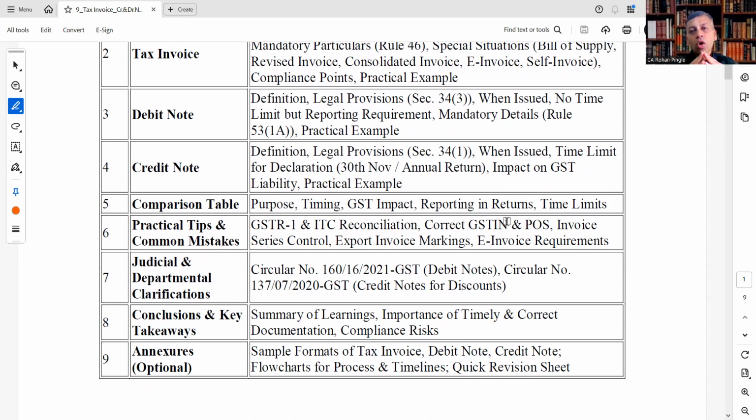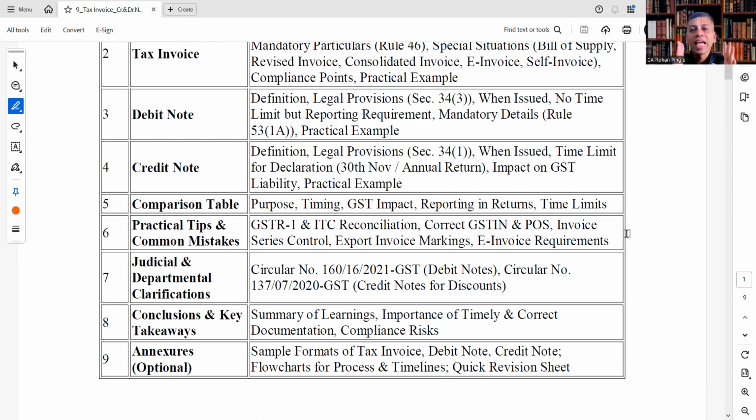Practical tips and common mistakes: GSTR-1 and ITC reconciliation, correct GST and place of supply, invoice series control, export invoice markings, e-invoice requirements. Then we will see judicial and departmental clarifications like Circular number 160 and Circular number 137, that is, one for credit notes for discounts, and one for debit notes.